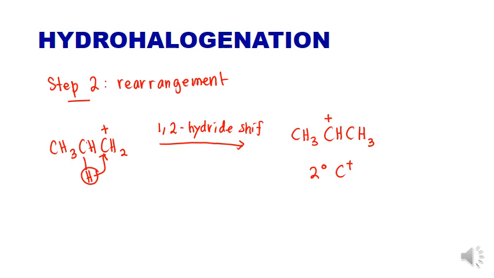So comparing the stability of the carbocation that we produced from step 1, which is a primary carbocation, with the secondary carbocation that we produced from the second step, we know that the secondary carbocation is more stable than the primary carbocation. So the next step, we will use the more stable carbocation to show the nucleophilic attack on the carbocation.